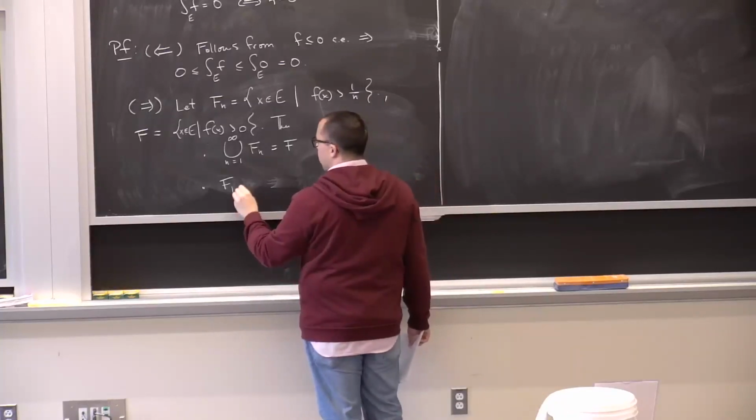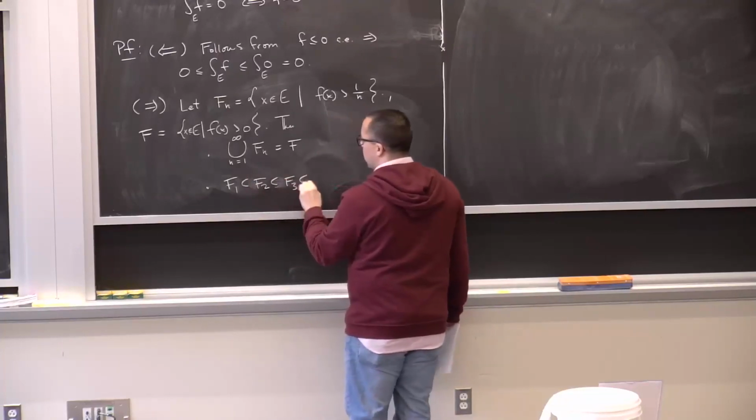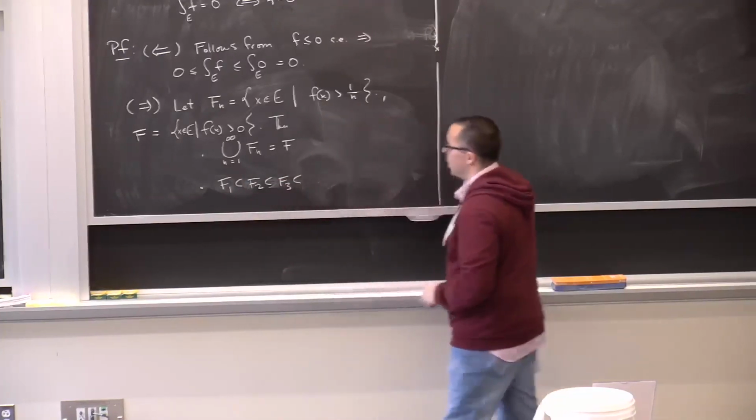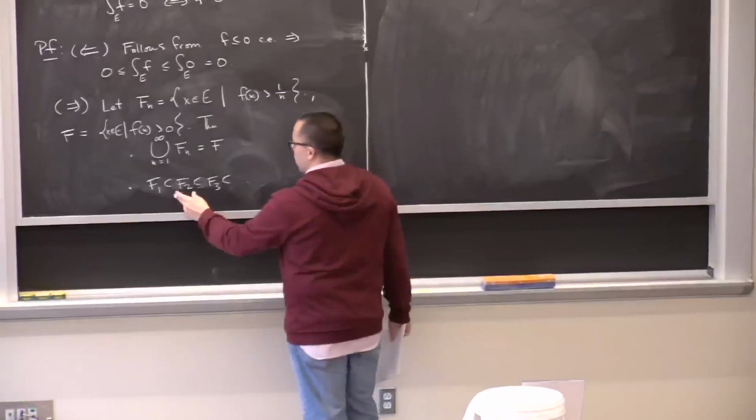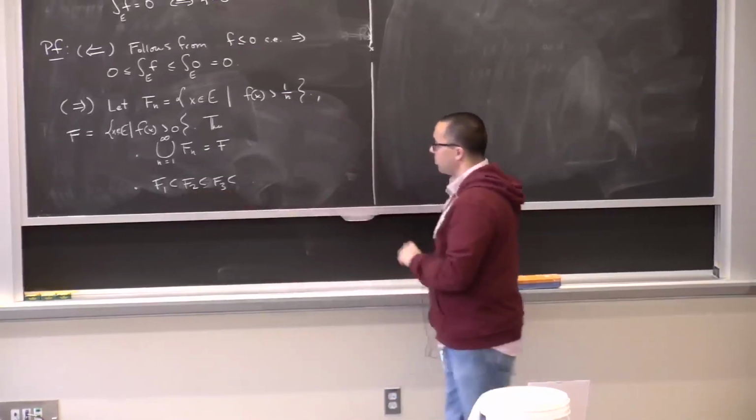So F_1 is contained in F_2, is contained in F_3, and so on. If f of x is bigger than a half, it's certainly bigger than a third.